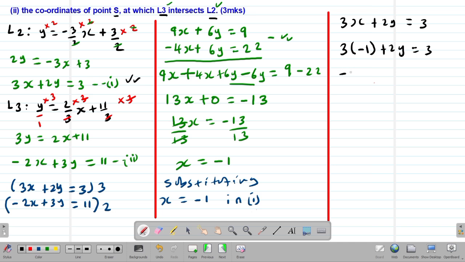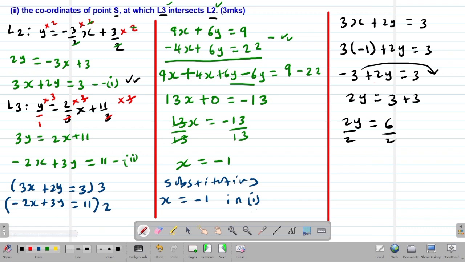So this will be negative 3 plus 2y is equal to positive 3. So 2y is equal to 3 plus 3. That is, when it crosses the equal sign, it becomes positive. So 2y is equivalent to 6. Dividing through by 2, 2 and 2 will cancel out, so that y will be equivalent to 3.